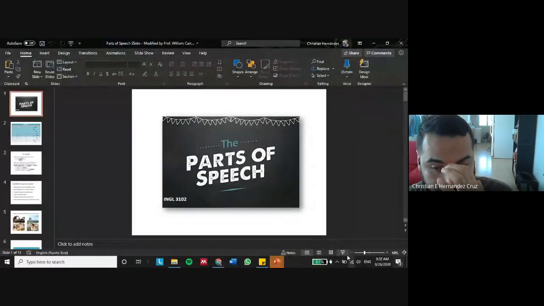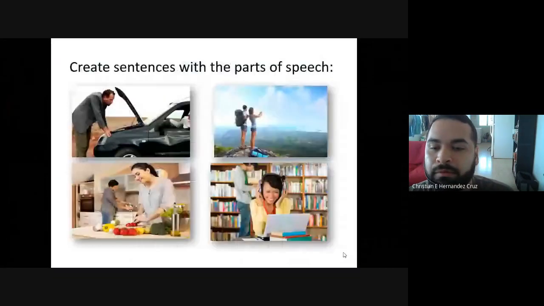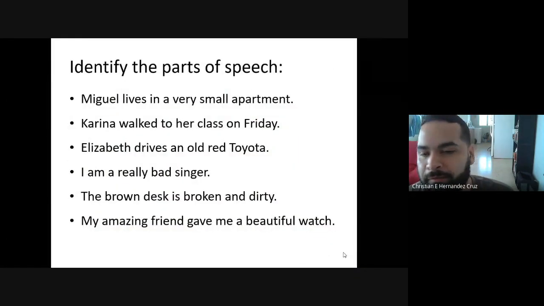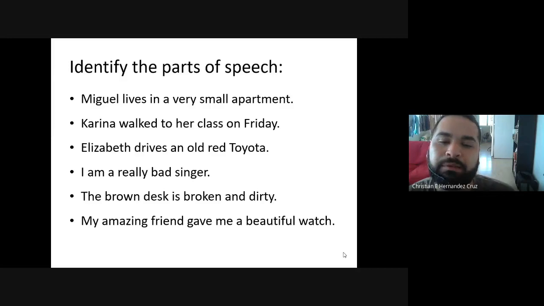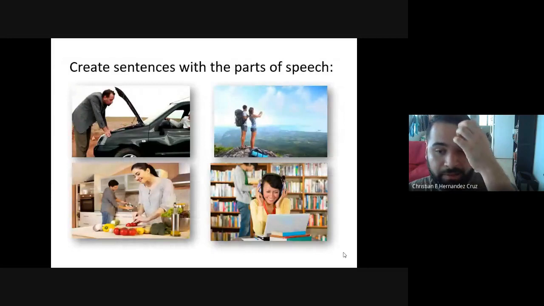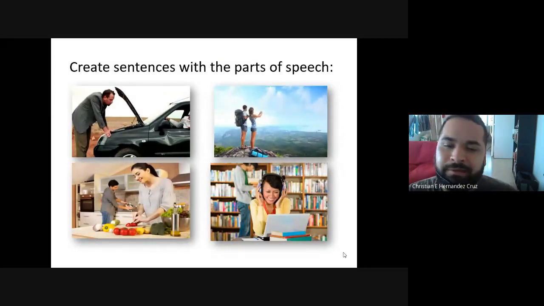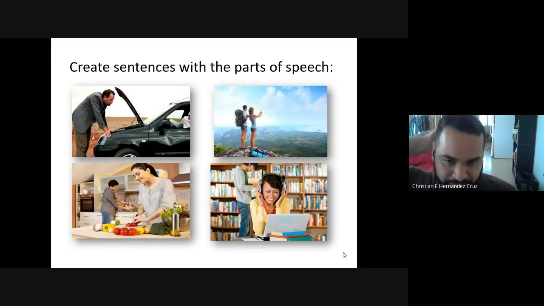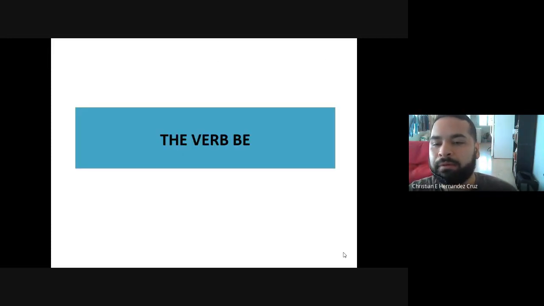So we were working on this presentation, and we had finished identifying the parts of speech. Remember that this was noun, pronoun, verb, adjective, adverb, conjunction, preposition, interjection, and articles. So we were supposed to do this to create sentences with parts of speech, but basically, I could assign this later. We don't have to do this right now.